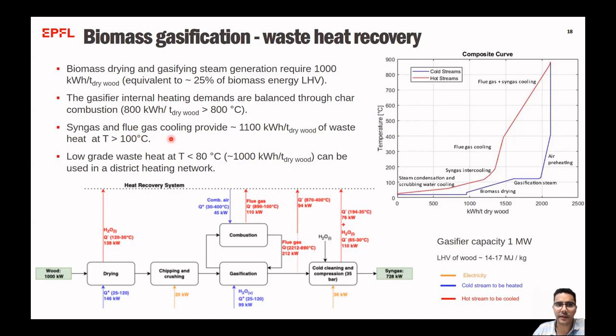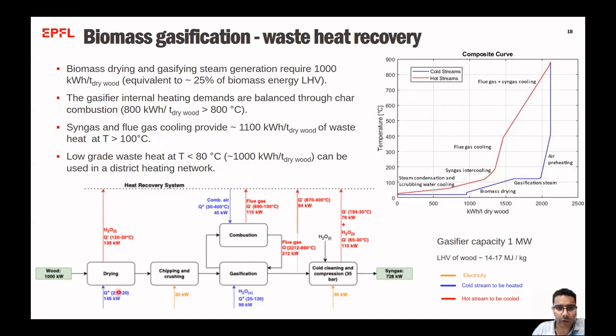The syngas and the flue gas cooling provide around 1,100 kilowatt hours per ton of dry wood of waste heat that is above 100 degrees Celsius. The low-grade waste heat at lower temperature, around 80 degrees Celsius, and more or less 1,000 kilowatt hours per ton of dry wood, can be used for a district heating network.